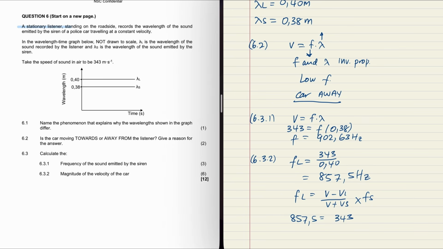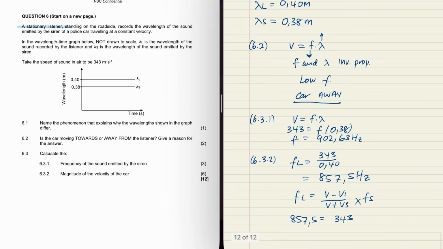The listener is stationary, so VL is 0, divided by 343 plus Vs multiplied by the source, which is 902,63 as we calculated in 6.3.1. Now we can rearrange, or we could use our calculator. Vs is therefore equal to 18,052 meters per second.